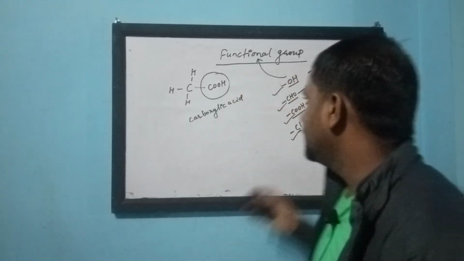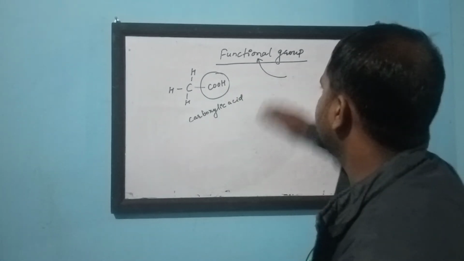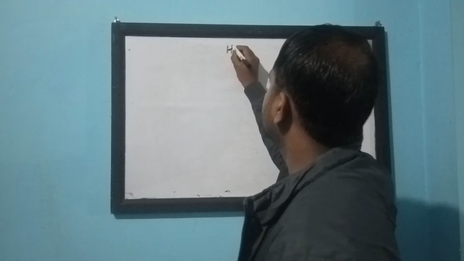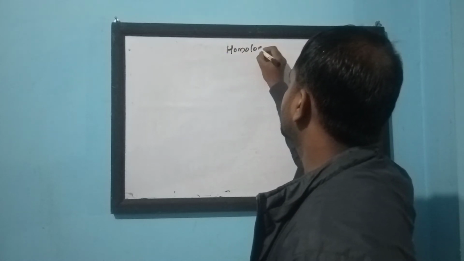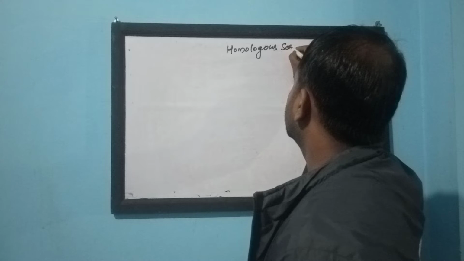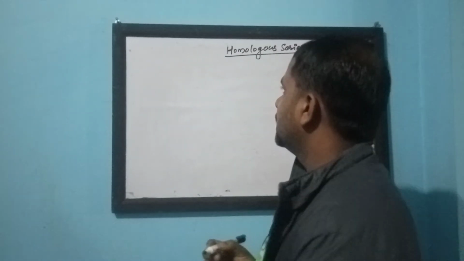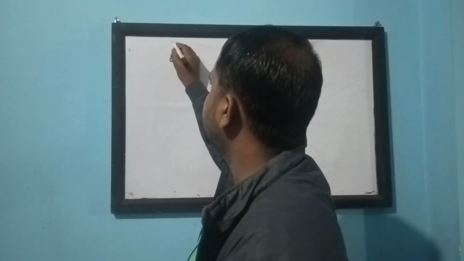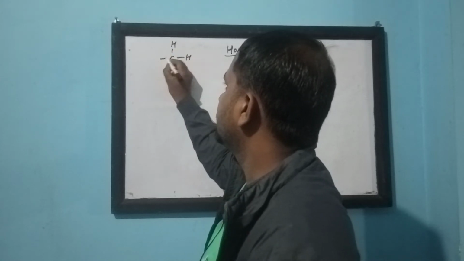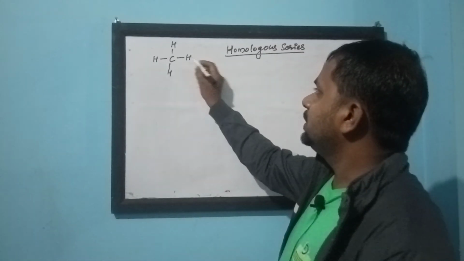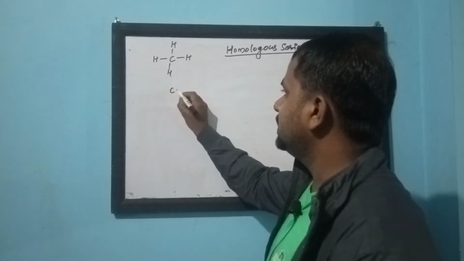Now we are going to develop the concept of homologous series. Suppose any compound is here, its structural formula is like this, or another molecule is here like this.